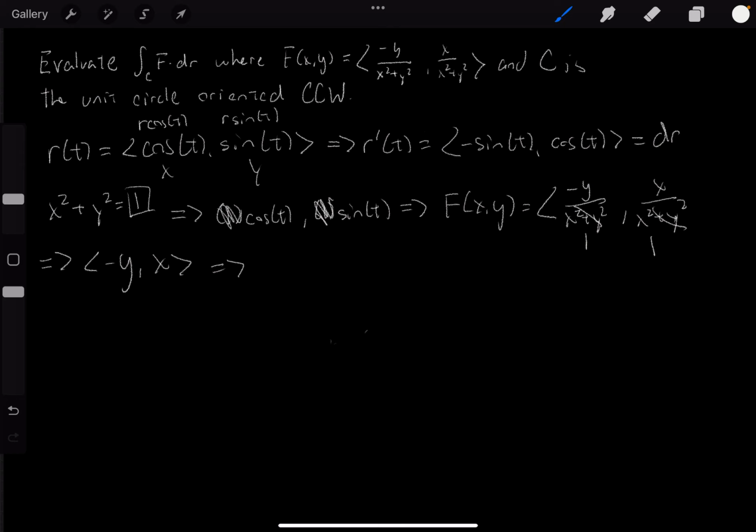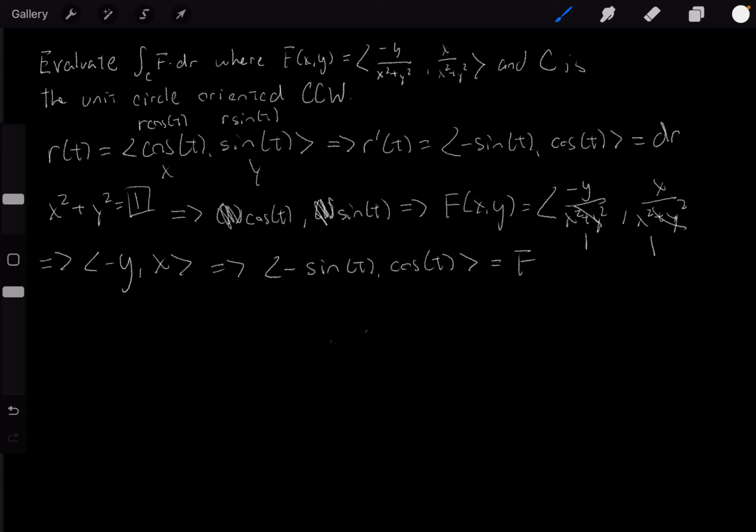And since we know what x and y equal based on the parameterization, we just replace y and x: y is sine of t, so that's negative sine of t, and x is cosine, so we replace that with cosine of t. All right, and there we have F.